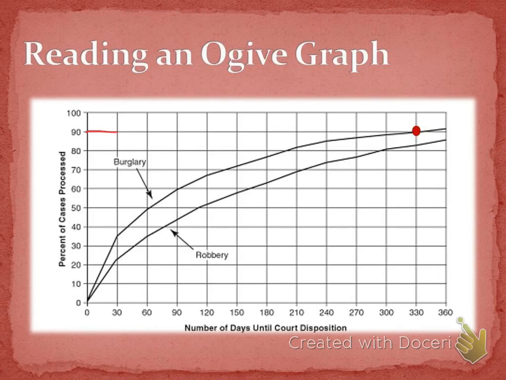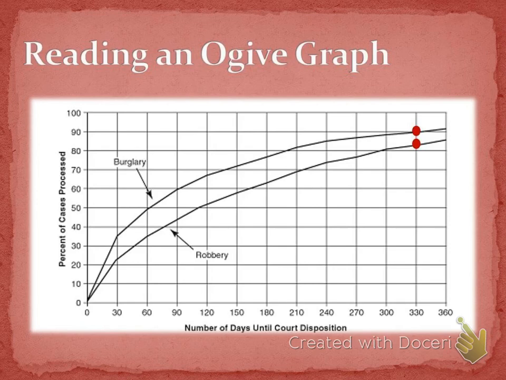That place where 90% of cases have gone to trial. For burglary, it takes about 330 days. For robberies, it takes longer, right? As a matter of fact, the robbery curve hadn't gotten there yet, okay?